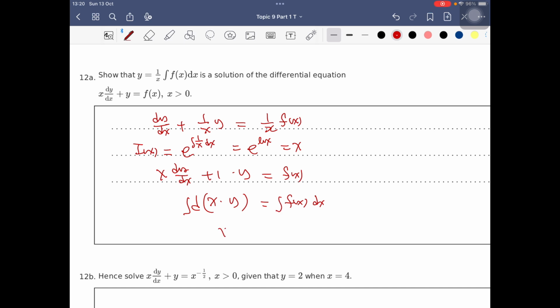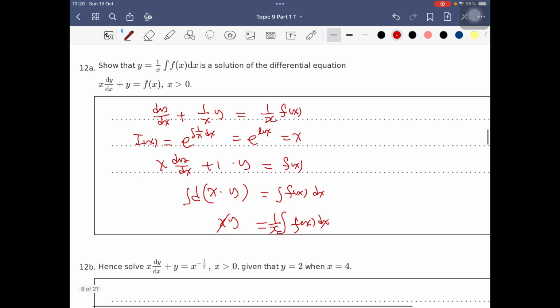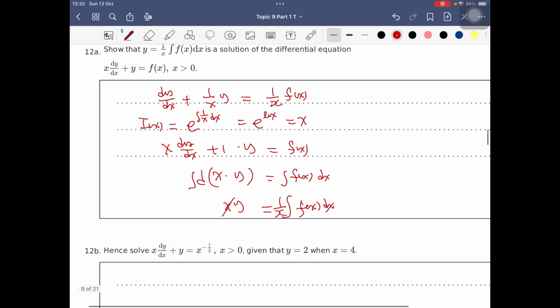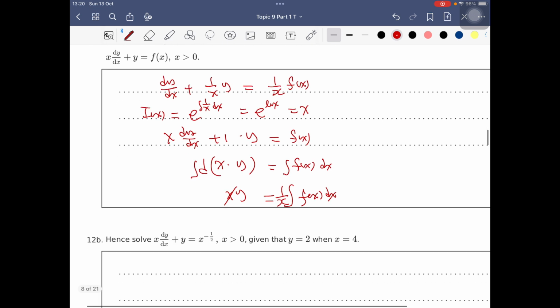So x times y, the derivative equals f of x dx. Integral. xy becomes the integral of f of x dx. That's why y is 1 over x times the integral of f of x dx. So this is the solution of this kind of format. So now we have here, our f of x is x to the power of negative 1 over 2.